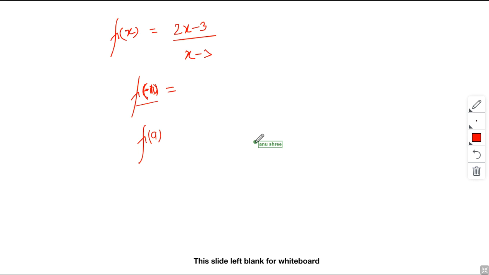To solve this one, then you can easily understand the composite functions. Okay, well, what does this say then?